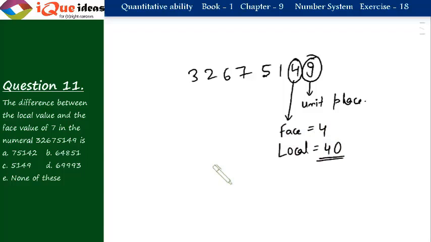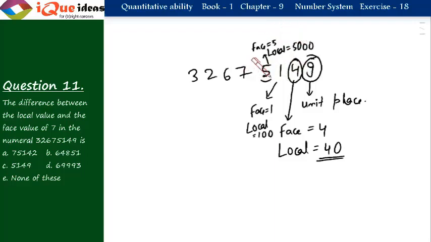Similarly, this 1 has face value 1, whereas the local value is 100, because this is the hundreds place. This 5 has face value 5, whereas the local value is 5000. All right, you can check it. This is unit, tens, hundreds, and thousands place.